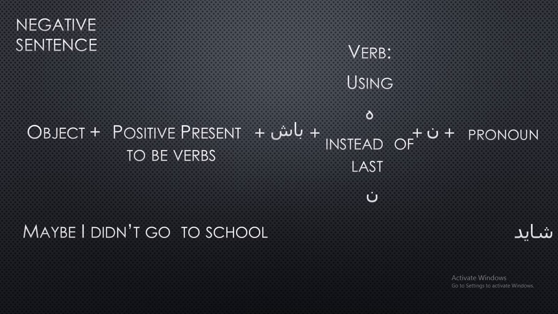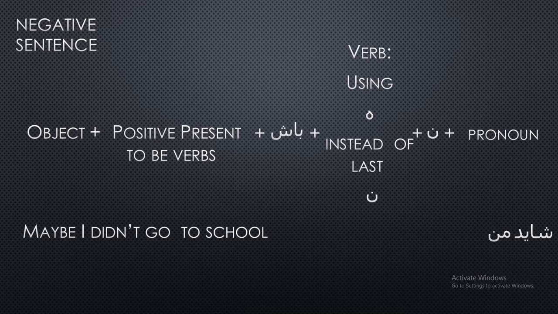شاید, the word that shows our doubt, and after that we start to make our sentence. I didn't go to a school. Our pronoun is I, which means man. After that we should use the verb, but using he instead of its last name, and using ne before it, because we are talking about a negative sentence.